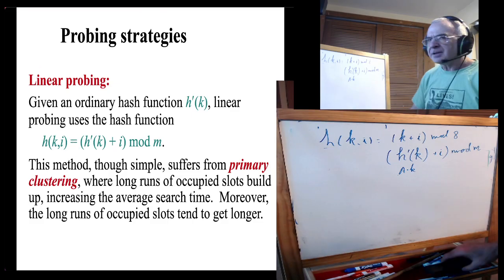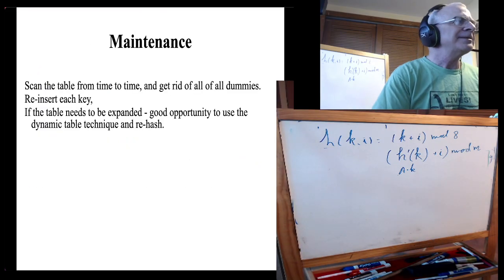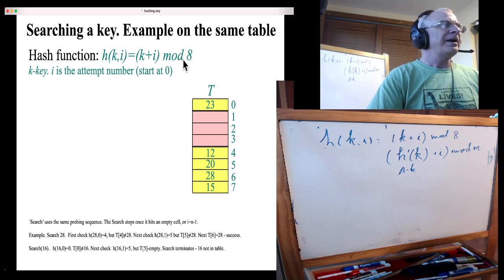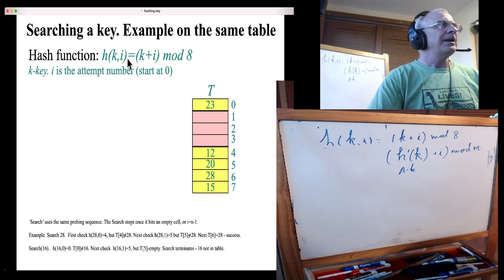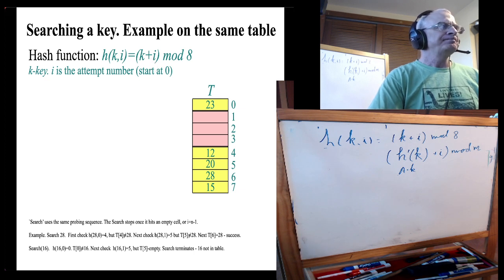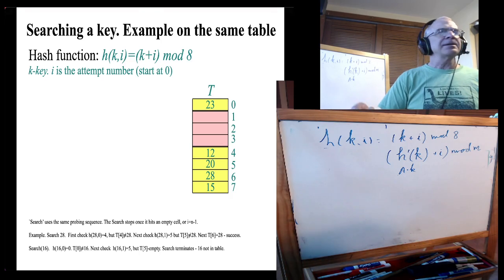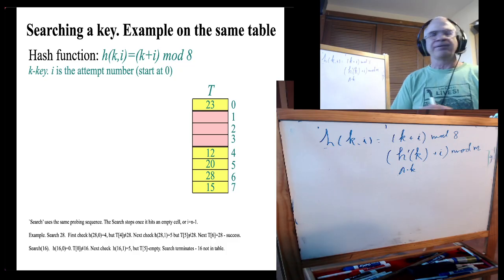Because let's go back a few slides. We are using this type of function that is linear probing, and let's pretend that I'm doing a search, let's do at this moment a search of 84.